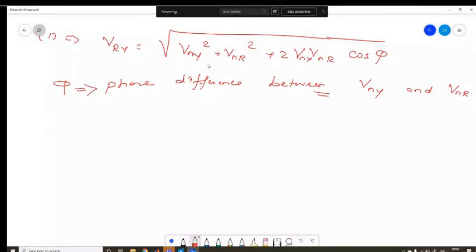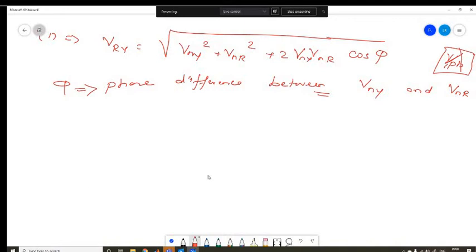We also know that VNY, VNR, VNB are all equal, so we gave a common name for that, VPH, the phase voltage. We have already introduced this name, and we have also mentioned that during the balanced load condition, VNY is equal to VNR is equal to VNB. So first of all, let us construct the phasor diagram.